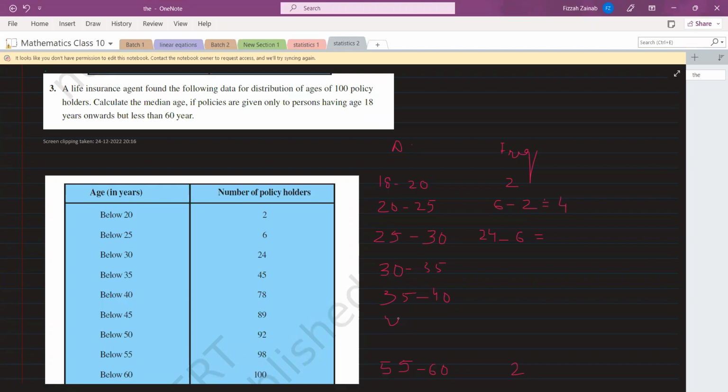Can you just tell the second one? Cumulative frequency. The first will be 2, right? Next will be 4 plus 2, 6. Then 6 plus 18, like that. Just keep on adding the next one.